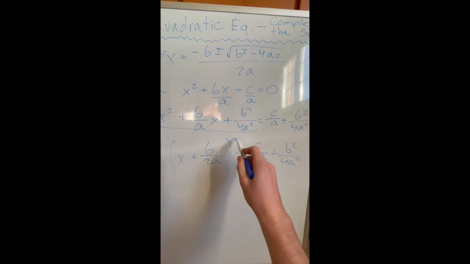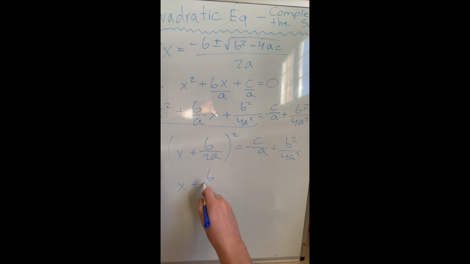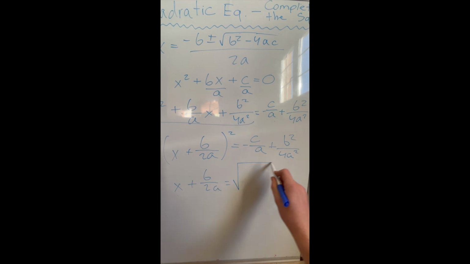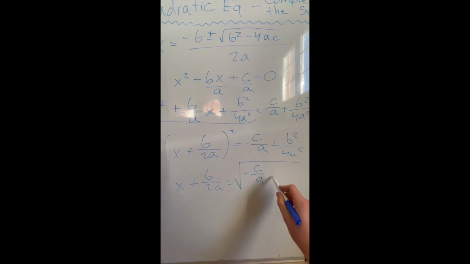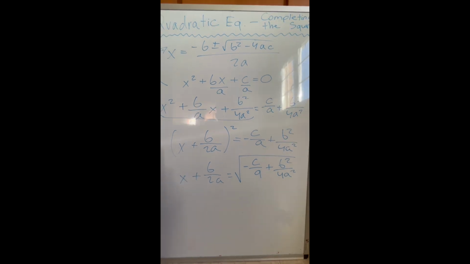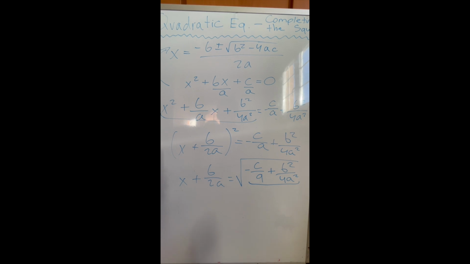Now let's pass the square to the other side as a square root. x plus b over 2a is equal to square root of minus c over a plus b squared over 4a squared. Now we must transform this that is inside a square root into a single fraction.